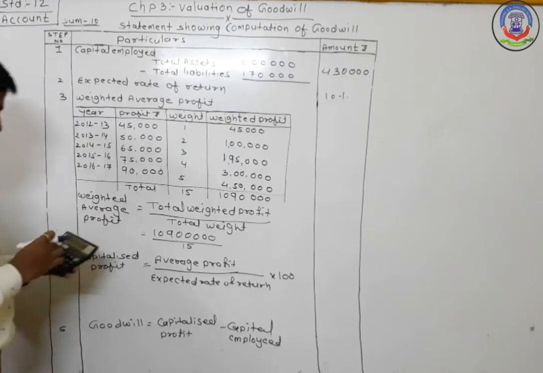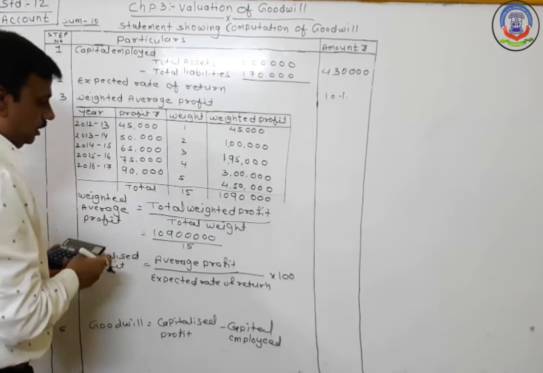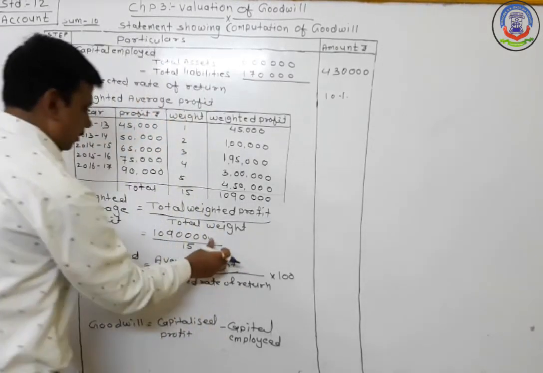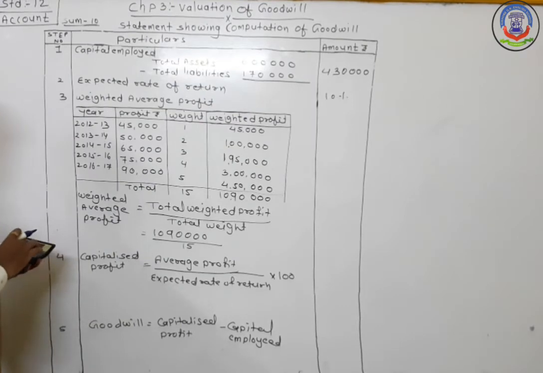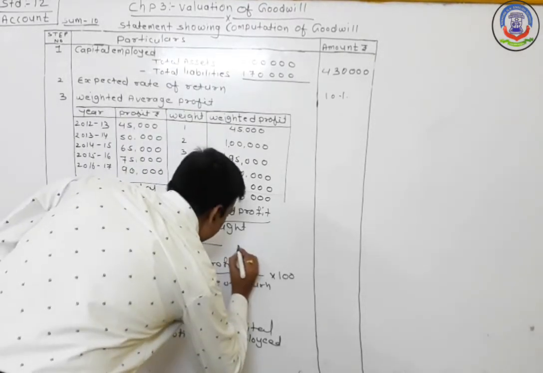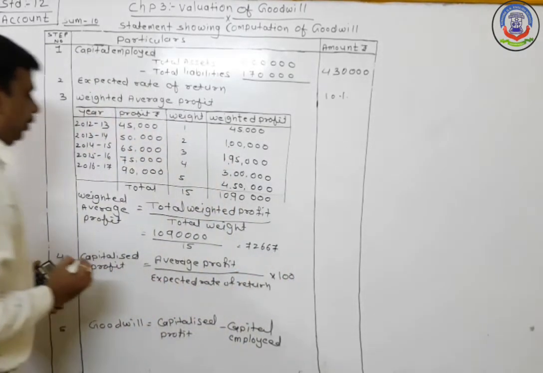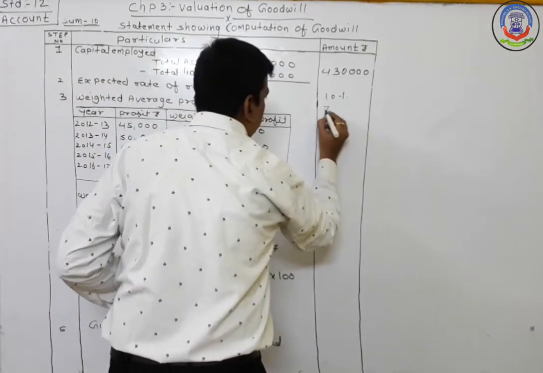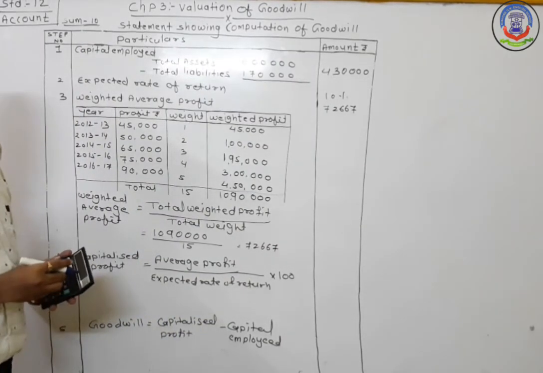Now total weighted profit divided by total weight, the weighted average profit is 72,667.